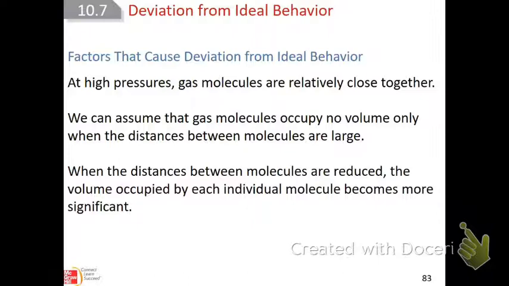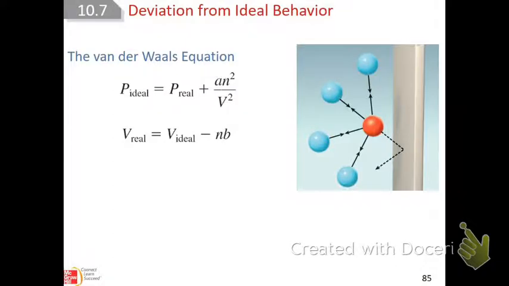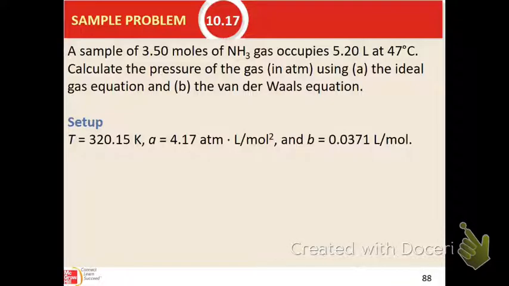Now, an ideal child will always obey every single rule as well. Every single thing that you ask it to do, that child will obey. Never disobey. There is no such thing as an ideal gas, just like there is no such thing as an ideal child. But when will a gas behave most ideally? That's what you need to know.